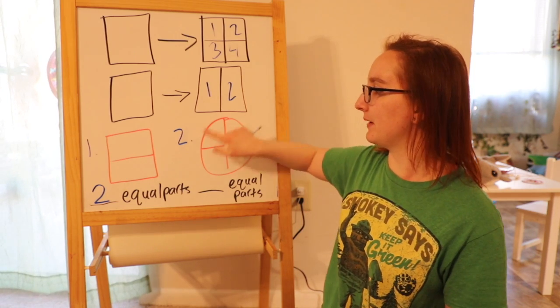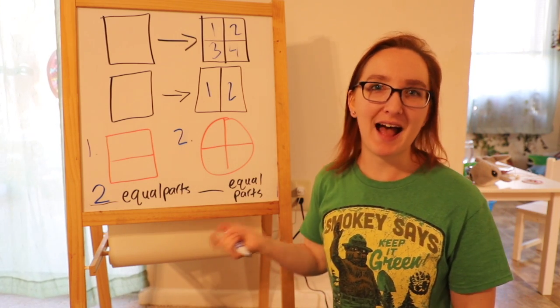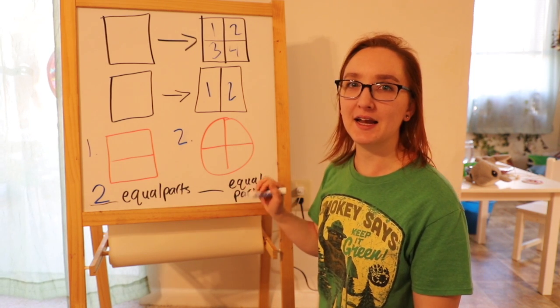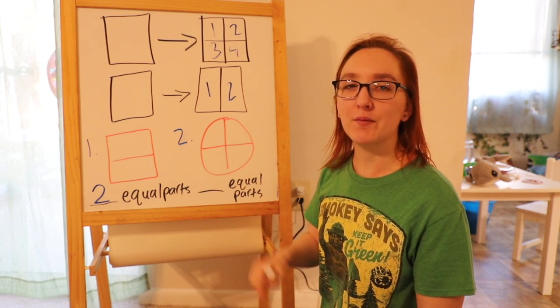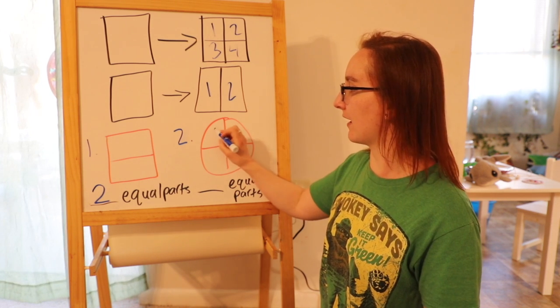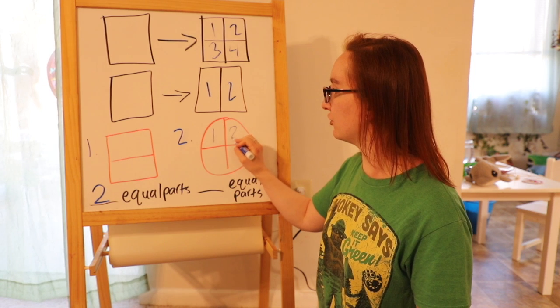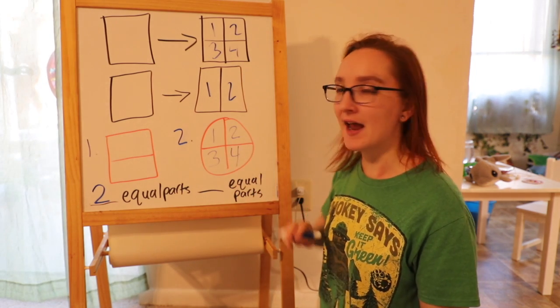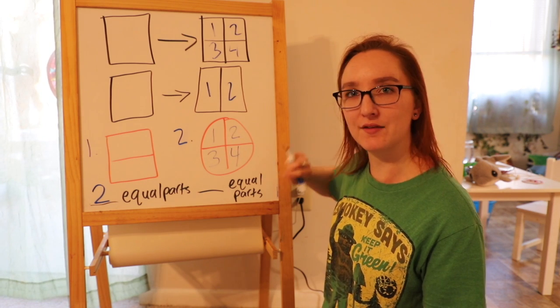Next we have a big circle, kind of like a pie or a pizza, right? And we want to know how many equal parts there are so that we can share it by these. So we have, let's count them out, 1, 2, 3, 4 parts, and they all look the same size, right?